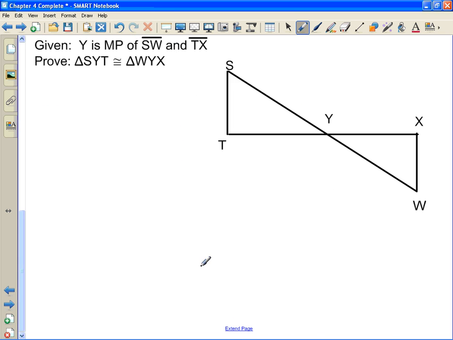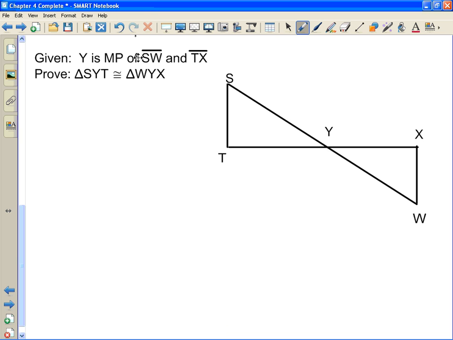Okay, let's look at another one here. So I've got Y is the midpoint of TX and SW.